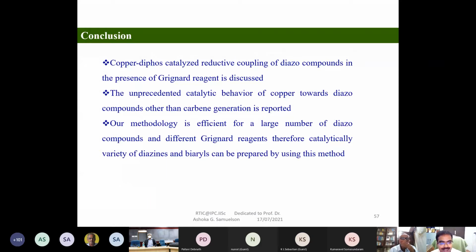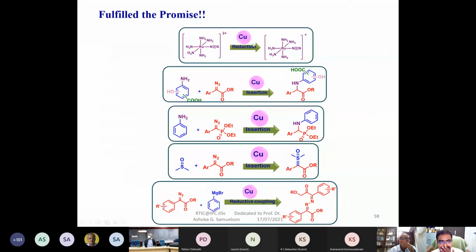Copper we used as a reducing agent in nitrogen chemistry, copper in chemoselective reactions, copper in making phosphonates, copper in the synthesis of sulfonyl halides, and copper also in reductive coupling of diester compounds. These three things we could not discuss because of lack of time, but I hope I convinced you, as I promised in the first slide, that I could show you some of the copper mediated reactions.